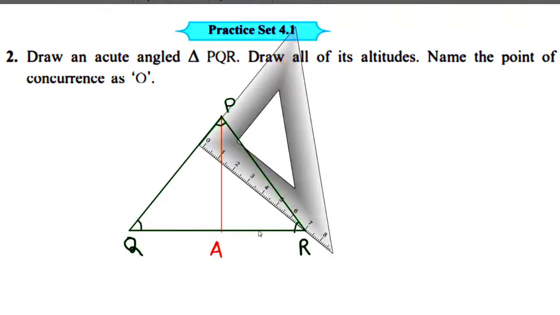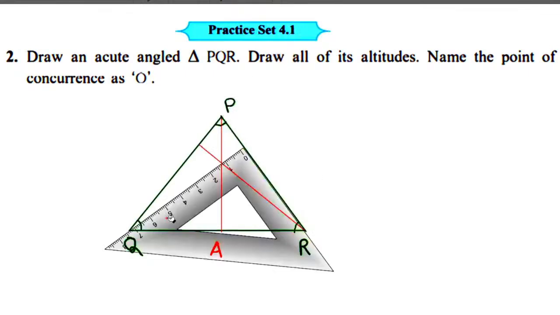Draw the altitude from the vertex R to opposite side PQ. Put the set square on side PQ and the other side on point R as shown here. Then draw the altitude from vertex Q to opposite side PR as shown here.